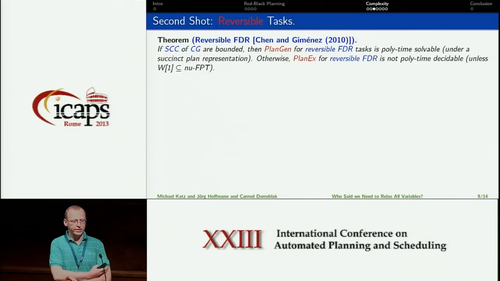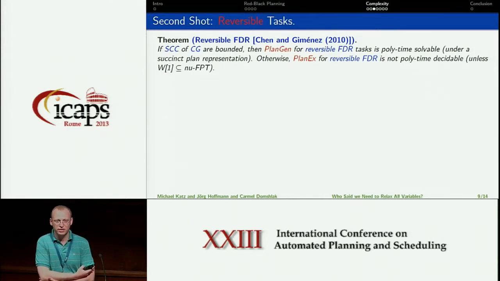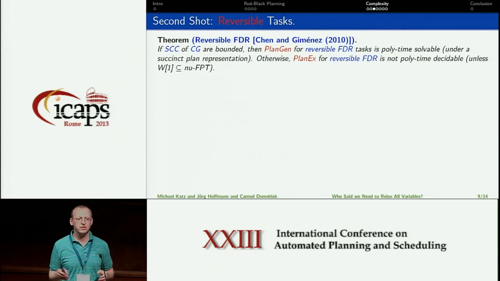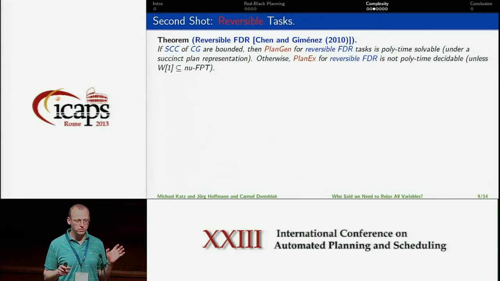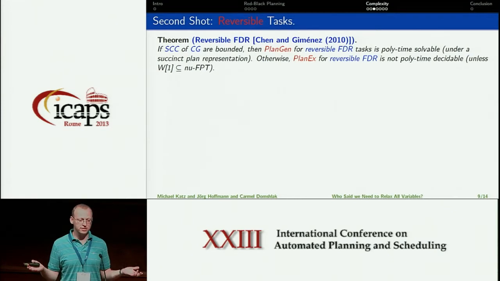They had a really nice theorem that says that if you look at your causal graph and the strongly connected components of the causal graph are bounded, then plan generation for reversible FDR tasks is polytime solvable. And if not, then plan existence is not decidable in polynomial time.